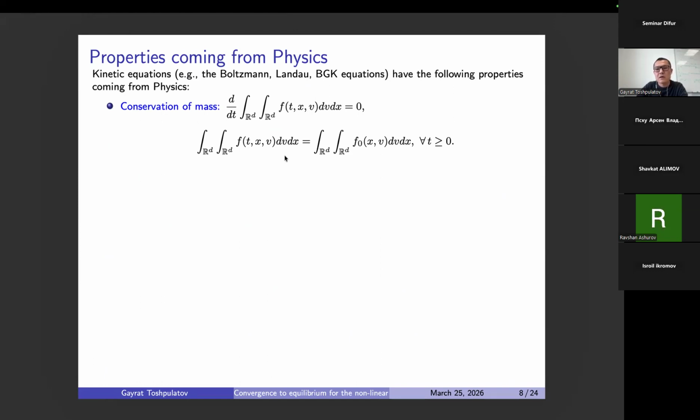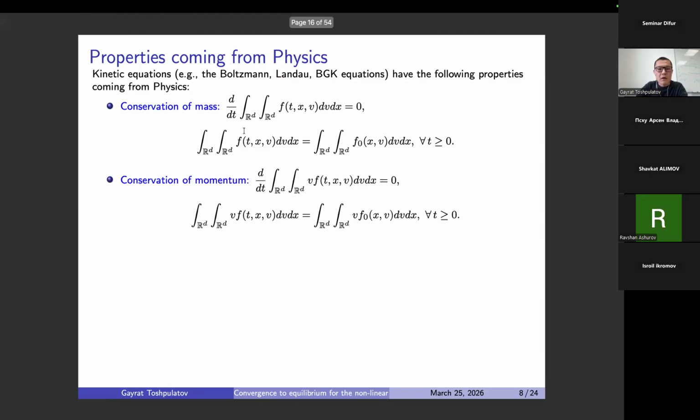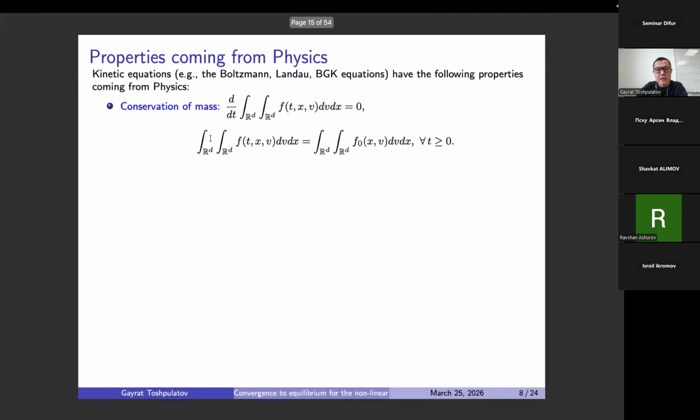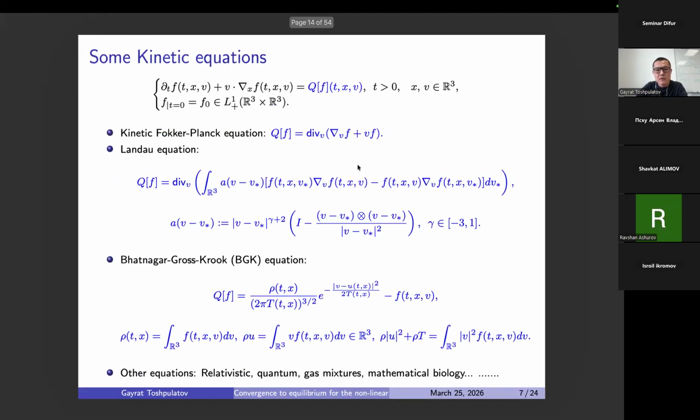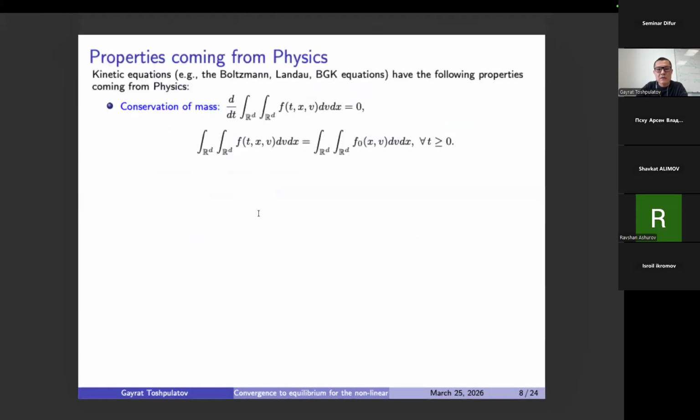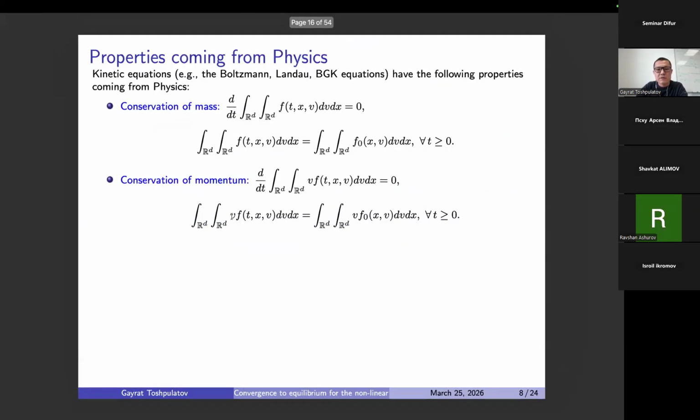So this means mass is conserved. Another property is that if we multiply this equation with v and integrate, we get that the time derivative of this integral is also zero. Hence, this integral is equal to the integral of the initial data. So this is called conservation of momentum.